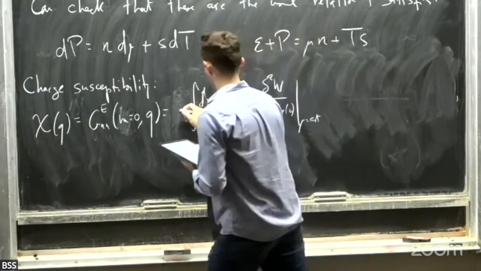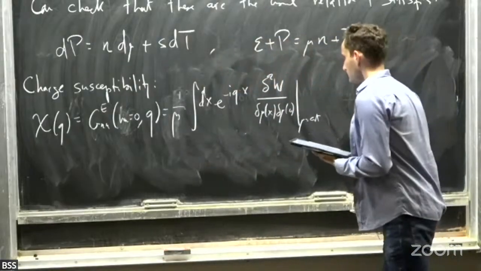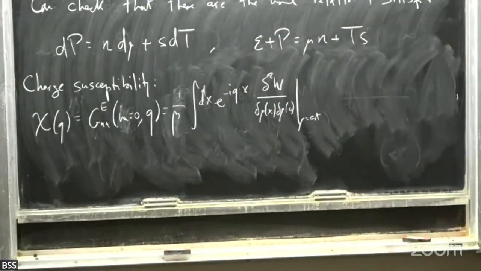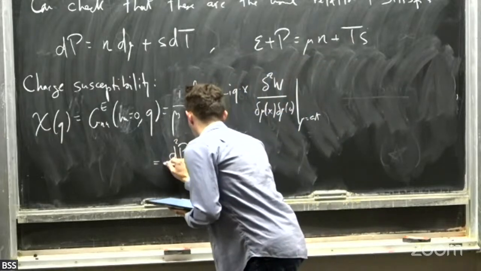I think I need to divide by beta. Okay, and if you take these functional derivatives of this object, I'll let you do this in your own time, but it's not very difficult.